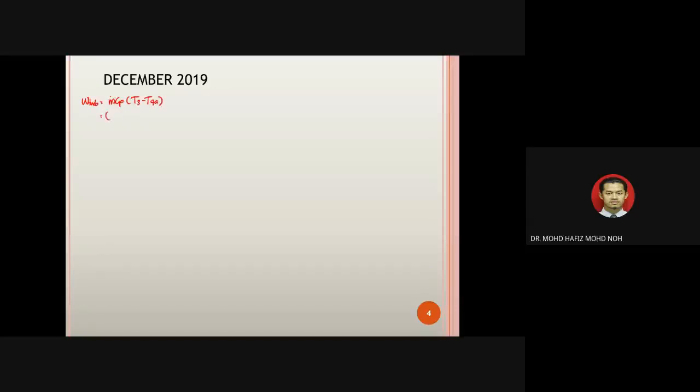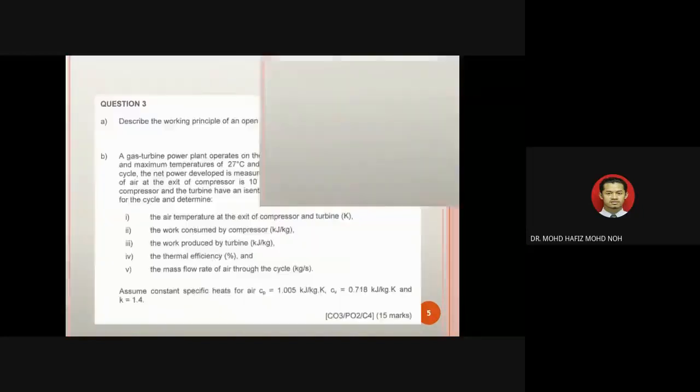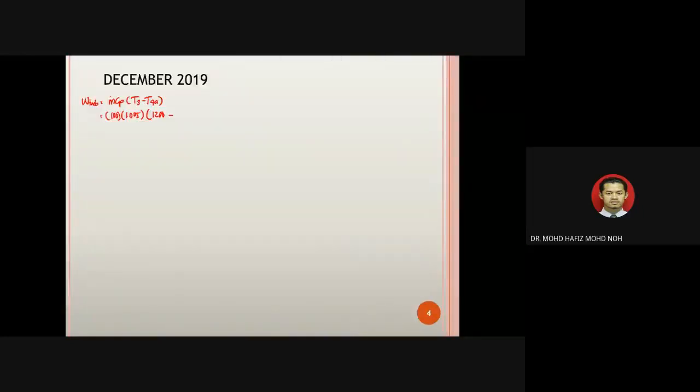So here m dot is 100, Cp is constant 1.005, T3 is 1200, and T4 actual is 743.0857.